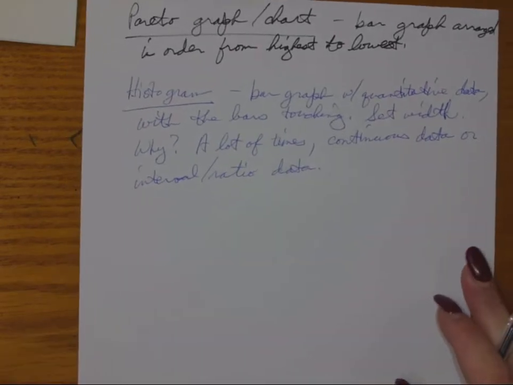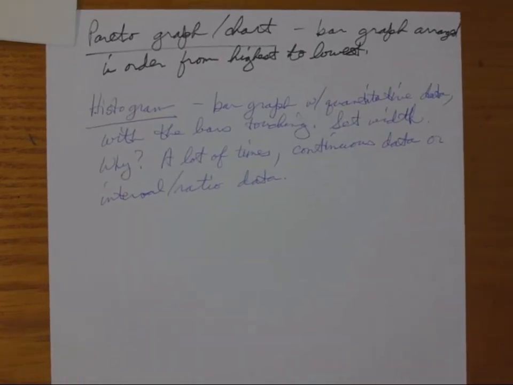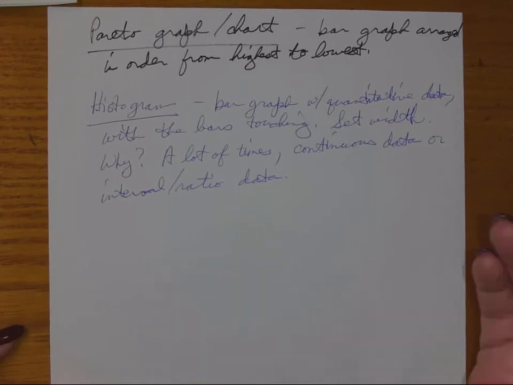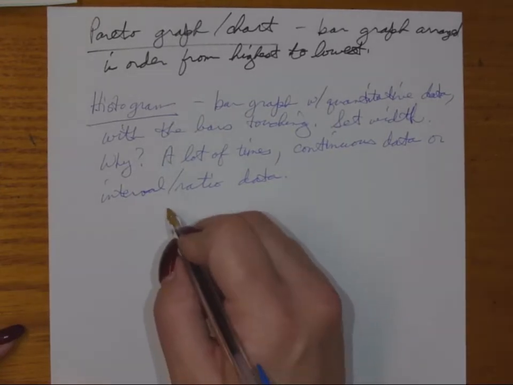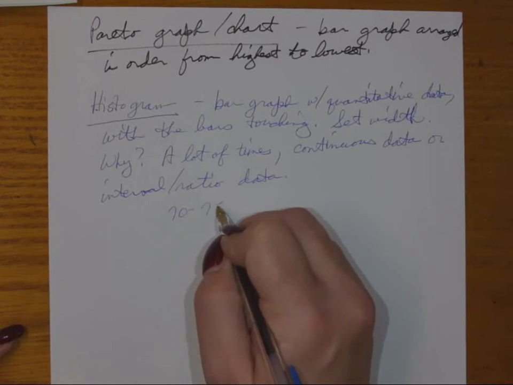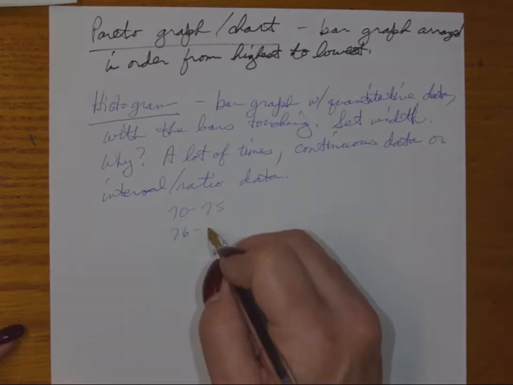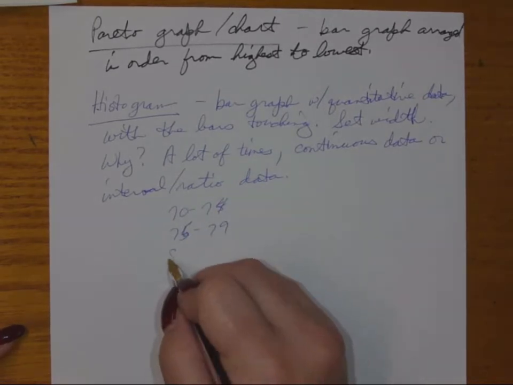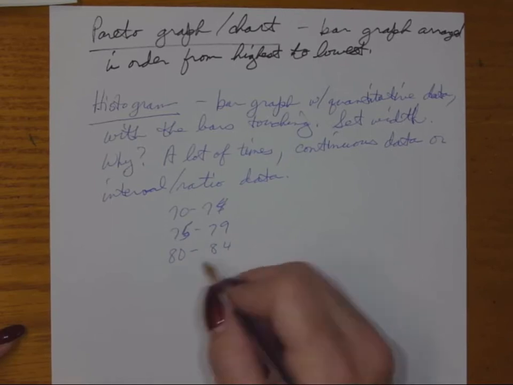So for instance, let's just say test scores, because we did an example of those in the last video, right? If I was looking at test scores, the way that they had them broken down in that one example was 70 to 74, 75 to 79, 80 to 84, and so on, okay?